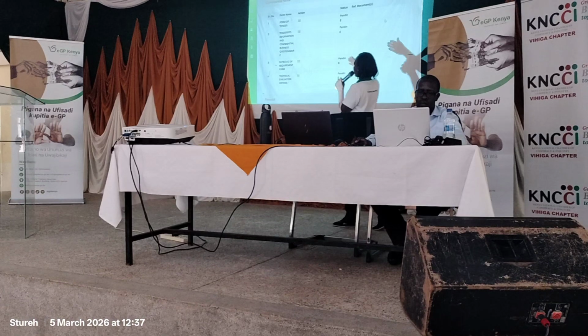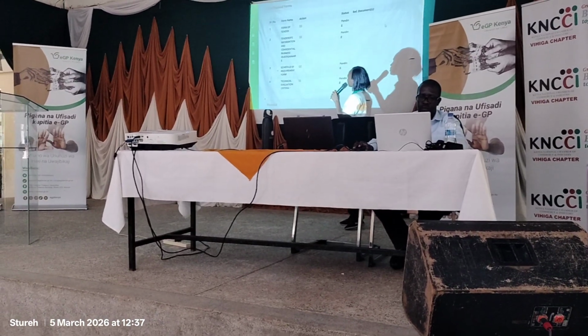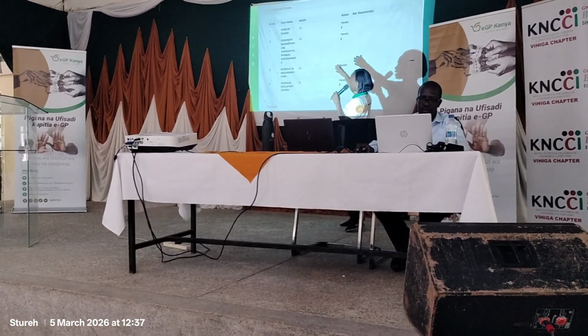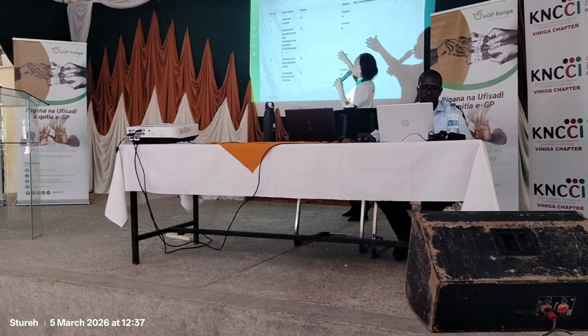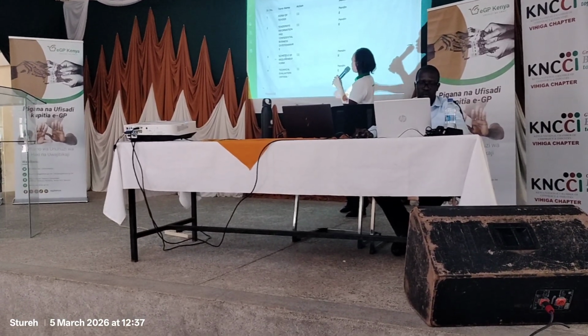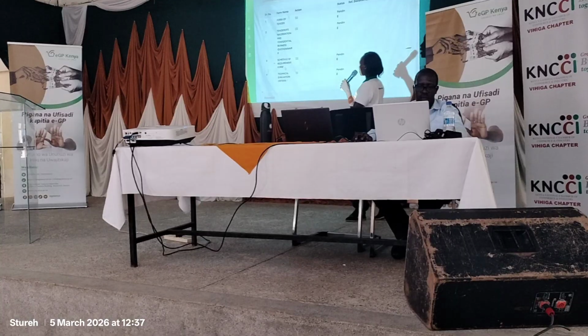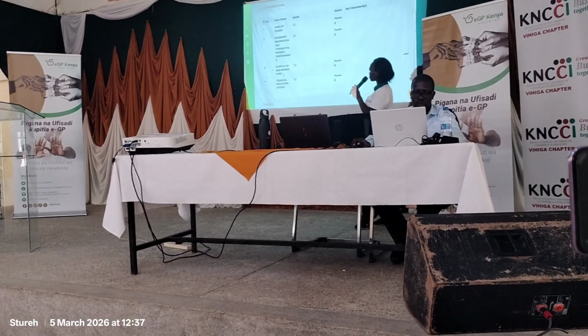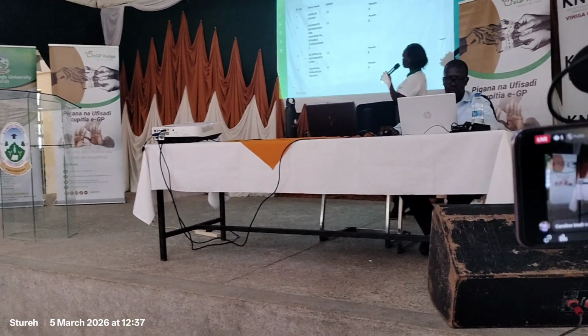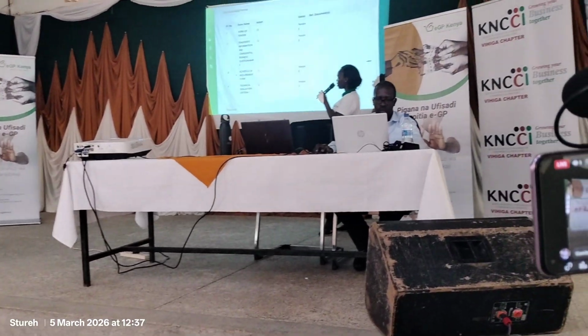So here we have the form of tender. We have the tendering information and confidentiality business questionnaire. We have the schedule of requirement, which the procuring entity has requested from you. We have the technical evaluation criteria.